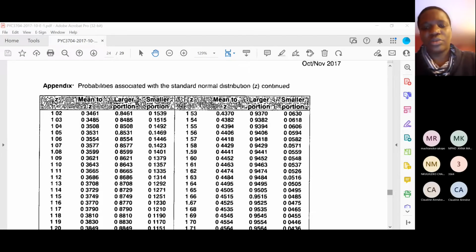So the two values we're looking for are 1.5 and 1.